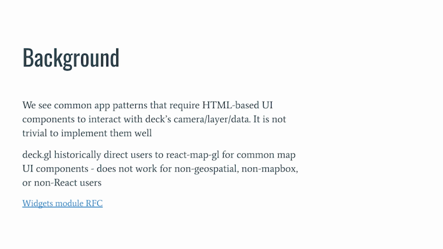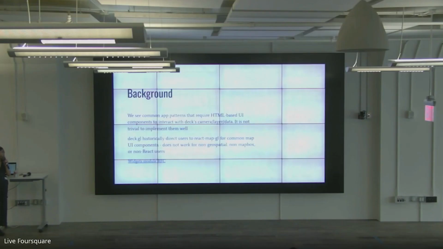Just to give you a few examples, like navigation control, where you can control the zoom and pitch of a map, or legends that show you the scale of the current map or the color scale of the current layer you're looking at, and a timeline that gives you a slider, basically, that you can select either a point in time or a range of time to filter your data.